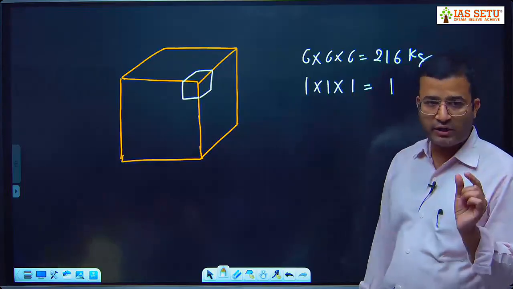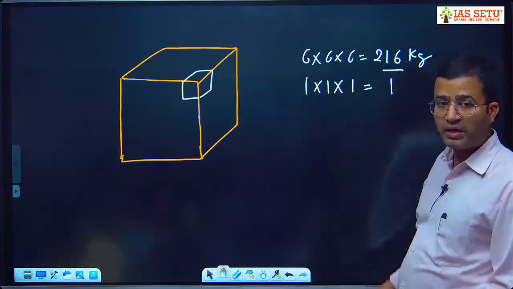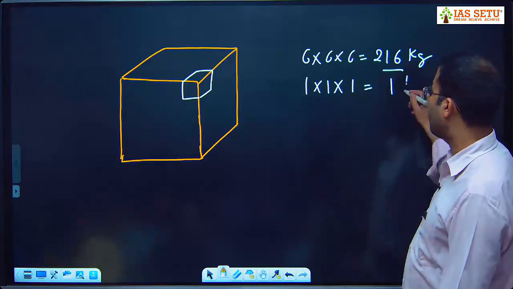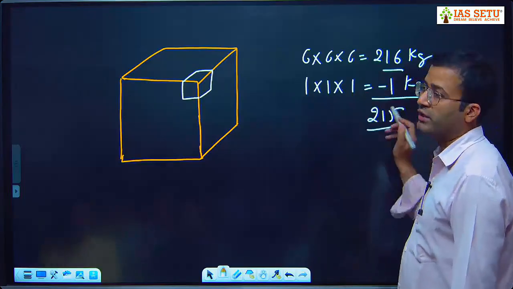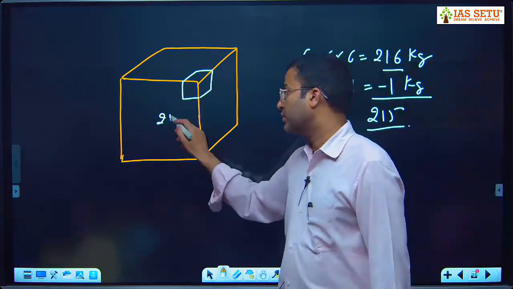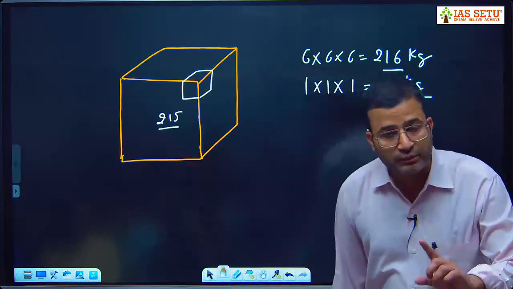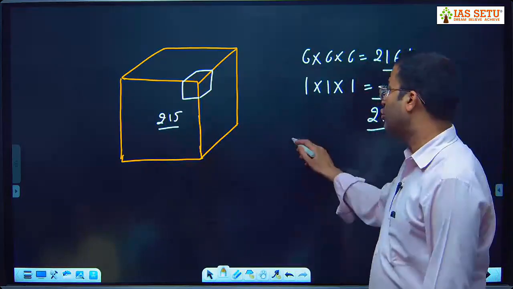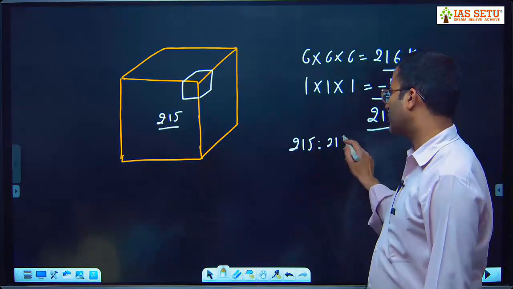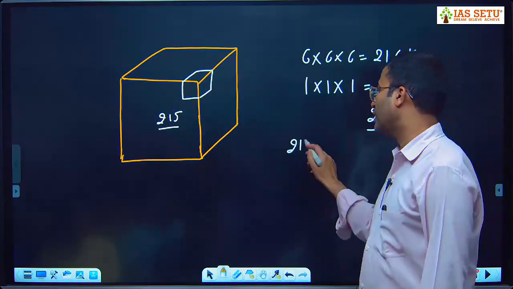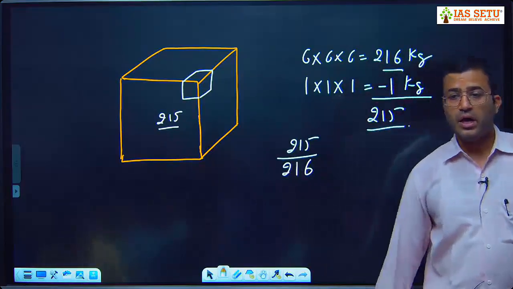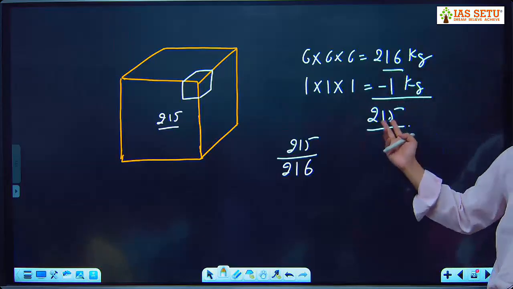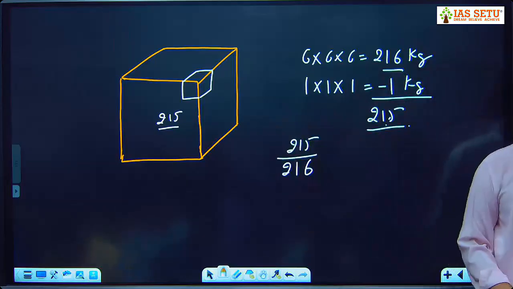One part have 1 kg, 216 part have 216 kg. So 1 kg has been removed. What is the remaining weight? 215 kg. So what is the weight of remaining portion as compared to original? 215 is to 216, or you can say 215 upon 216. अगर ओरिजिनल 216 है तो रिमेनिंग 215 होगा.